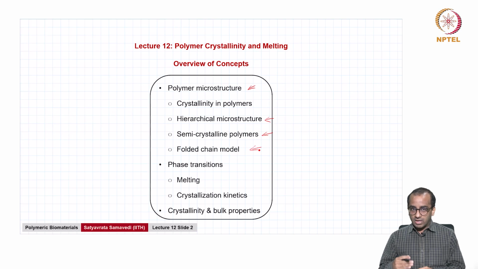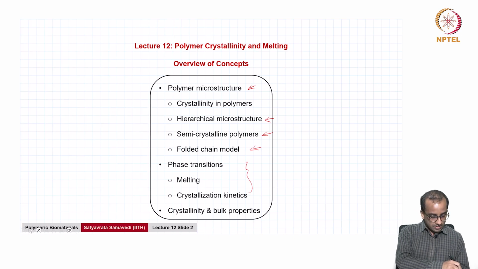And while we will focus on the amorphous phase and associated temperature transitions in a different lecture, we will have to allude a bit to the amorphous phase and the glass transition temperature in this lecture as well, for us to eventually understand crystallization kinetics. And as part of phase transitions, we will look at both melting and crystallization, and eventually end with how crystallinity can impact bulk properties.